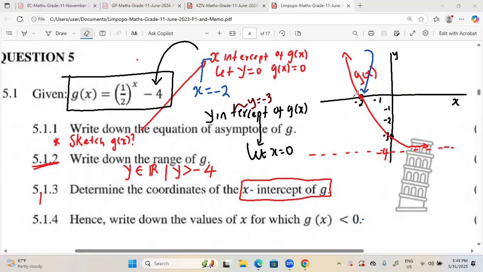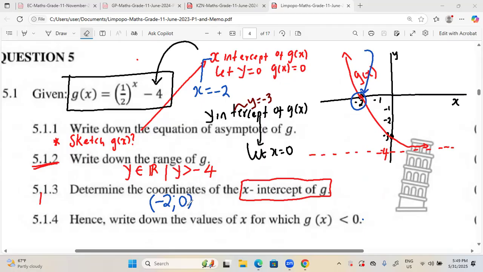So the graph cuts the x-axis at -2. And what does the examiner want? He's looking for the coordinates of the x-intercept of g. We know that the x-intercept is -2, but you let your y be 0. So this is the coordinates of the x-intercept.